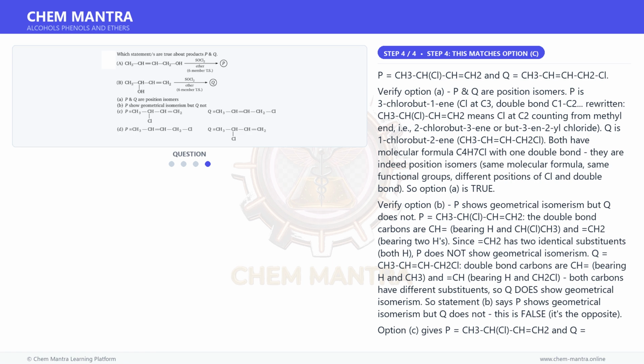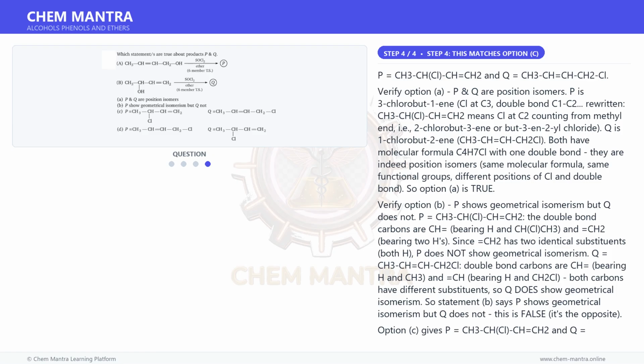Verify option A. P and Q are position isomers. P is CH3-CHCl-CH=CH2, meaning Cl at C2 counting from the methyl end, i.e., 3-chlorobut-1-ene.